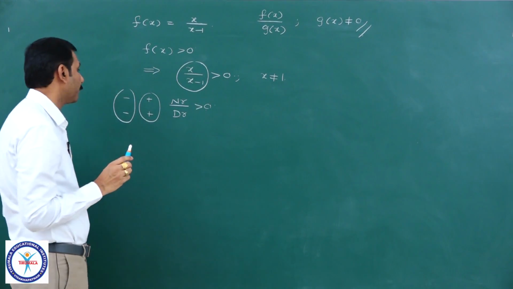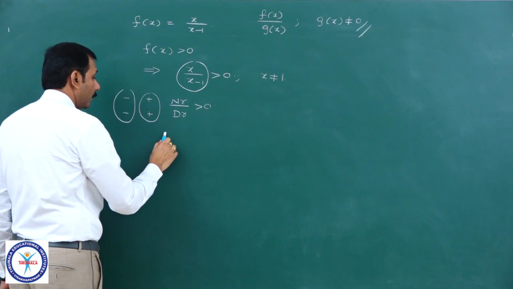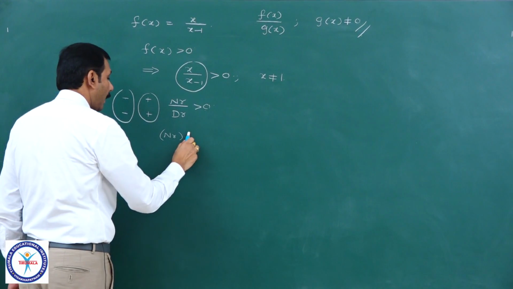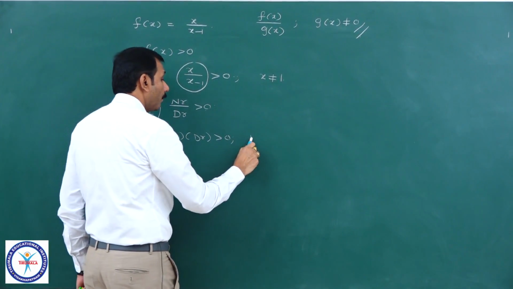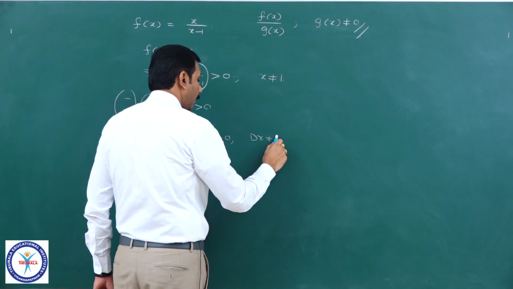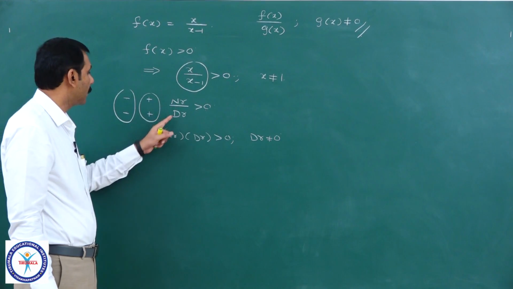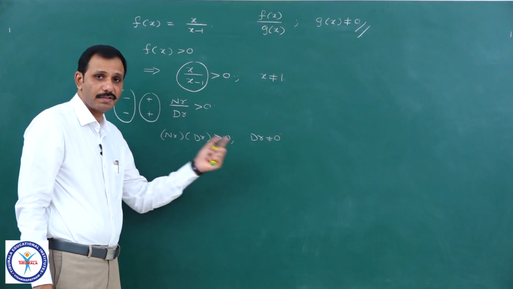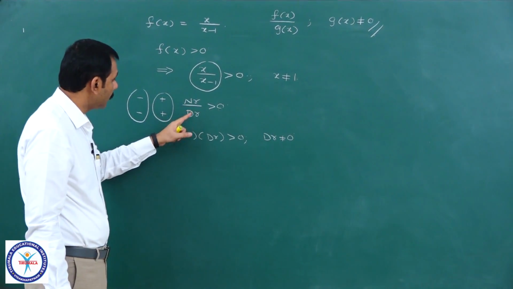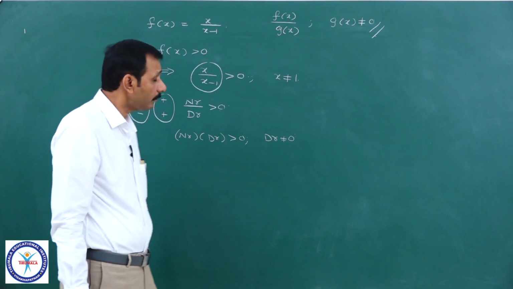Either both are positive or both are negative, I can write their product, numerator into denominator, also greater than 0, where denominator not equal to 0 I have to write. Hope you understood this. Either both are positive or both are negative, this product is greater than 0 only, and of course because it is in the denominator, the denominator is not equal to 0.